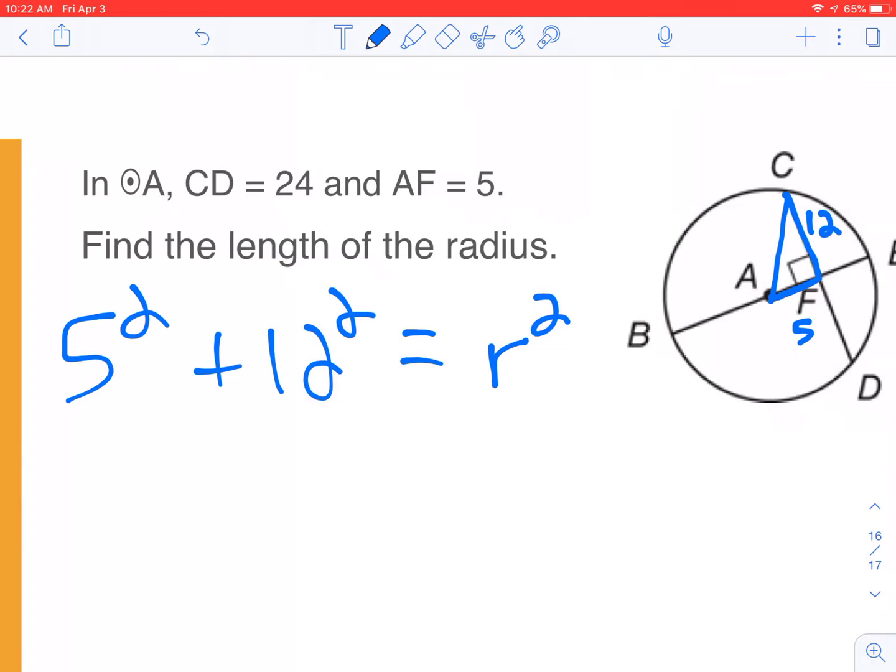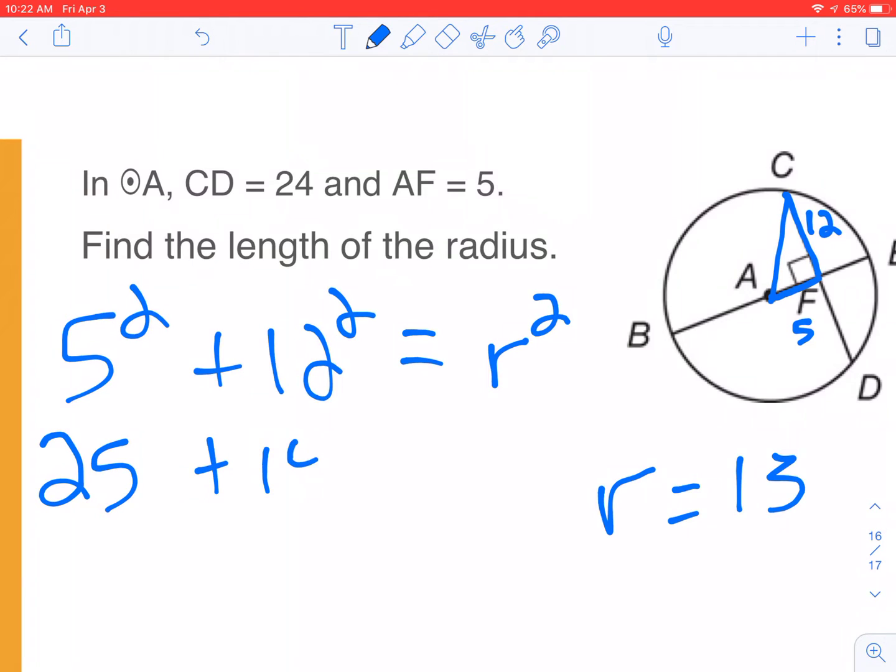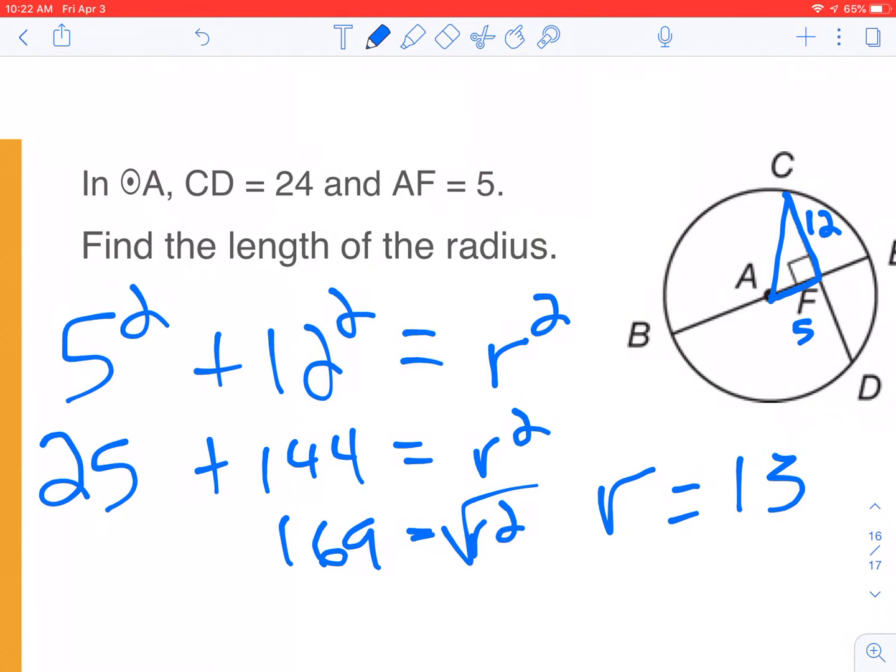Call it c if you prefer Pythagorean theorem. R will equal 13. And you might say, Mr. Wilson, how did you get that so fast? It's a Pythagorean triple, a 5, 12, 13 right triangle. Just to prove it to you, 25 plus 144 equals r squared. That's 169. Square root both sides. R equals 13. All right, that is it for the second part of Chapter 10.